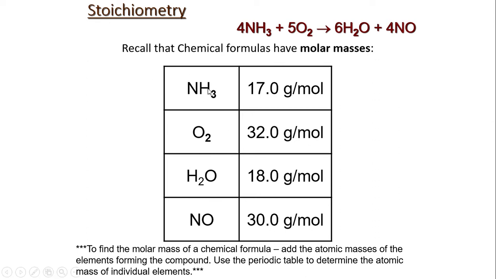H3, the atomic weight of H is 1.008, so times 3. All in all, you just have to add. Then we have 17.0 grams per mole. So that is the molar masses of the elements in a given reaction here.